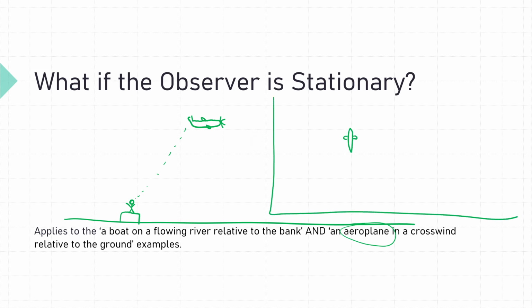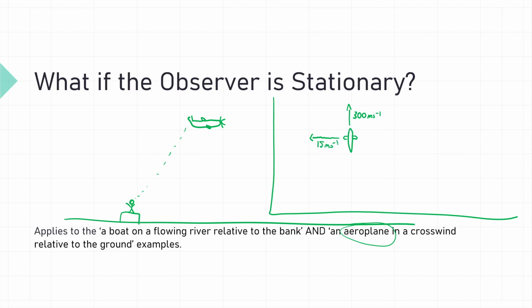So the plane itself will be moving forwards, obviously, through the air. But this question also shows that there might be a bit of a crosswind at play. So let's say the plane is moving at 300 meters per second, and that the crosswind is blowing the plane towards the left at 15 meters per second.